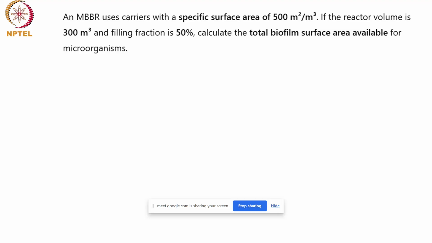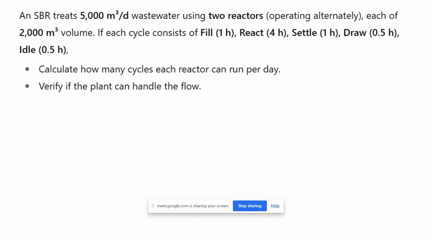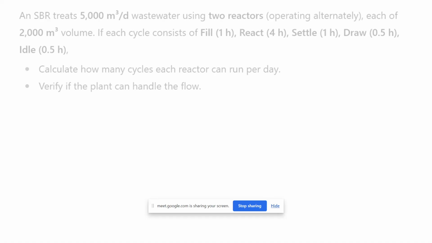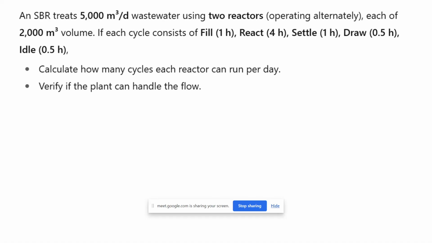Okay, so the next question will be: an SBR treats 5,000 meter cube per day of wastewater using two reactors operating alternately, each of volume 2,000 meter cube.